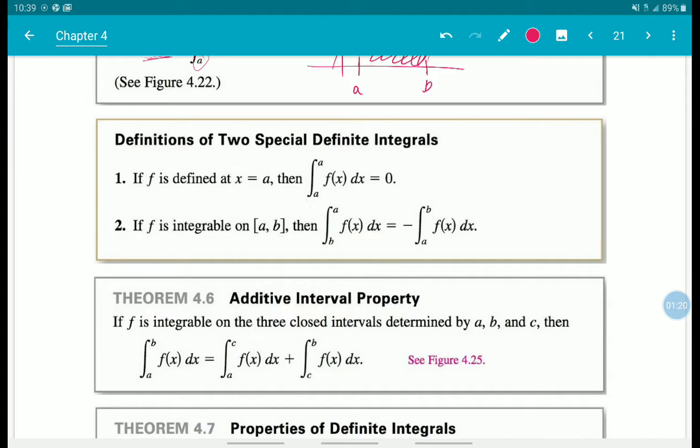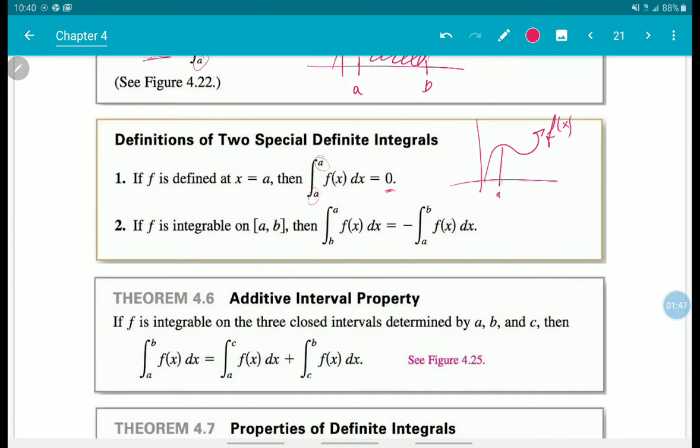So when we talk about a couple of special definitions, let's say we have f that's defined at a, and we want to integrate from a to a. Notice that those limits of integration are the same. Since they're the same, then this area is going to be 0. So going back to our generic picture, let's say this is f of x, and we're integrating it from a to a, where here's a.